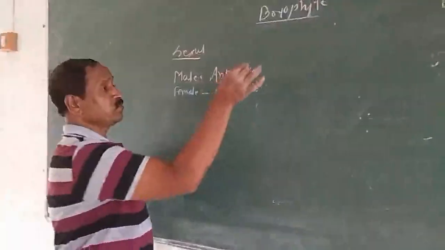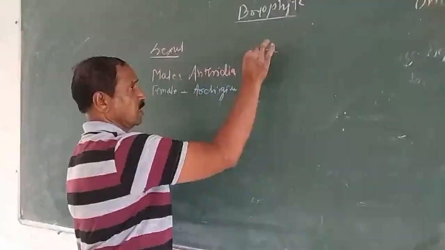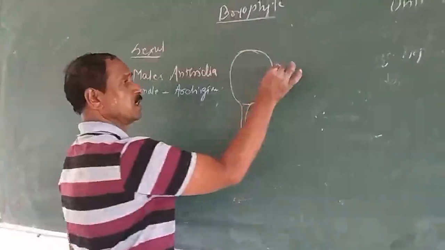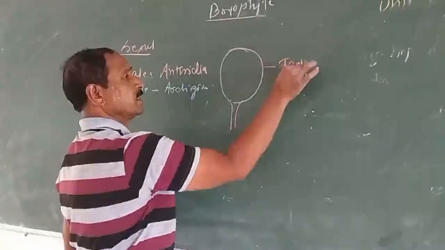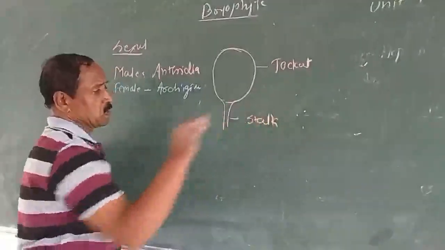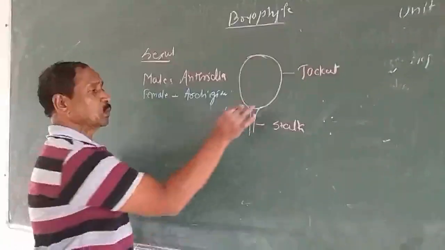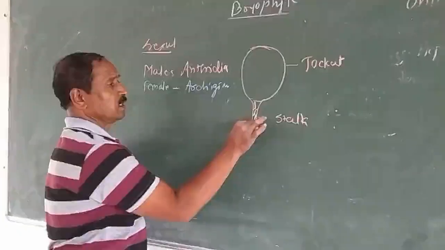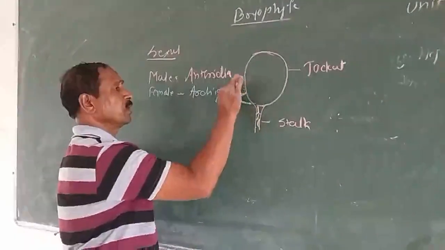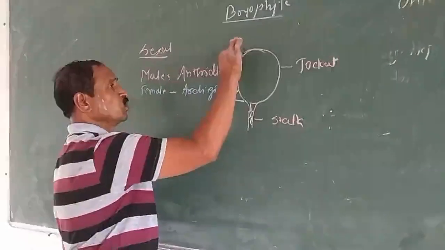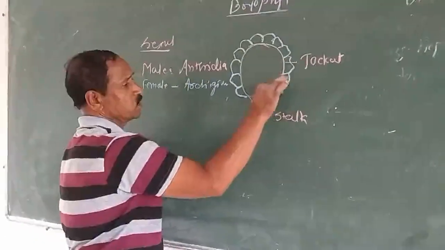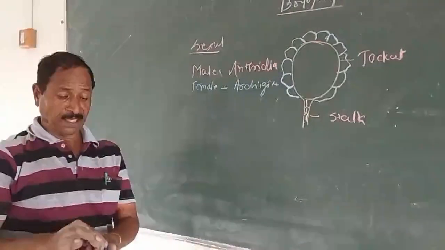Here, antheridium shows a conical structure, club-like structure, divided into two parts. The upper part called as jacket and lower part called as a stalk. Stalk is made up from 2 to 3 layers of the cell present in the stalk, and the jacket is the outer membrane of the antheridium, which is thick parenchymatous cells and which gives protection to the antheridium.